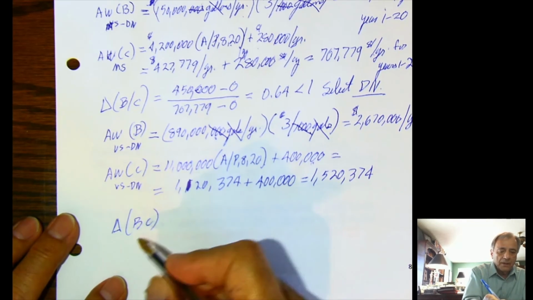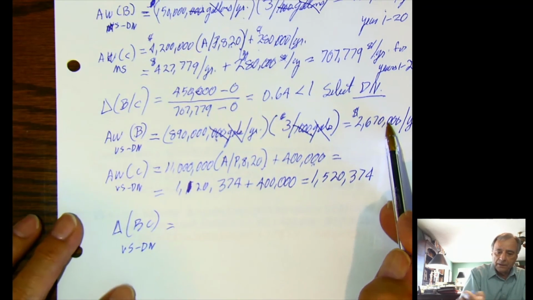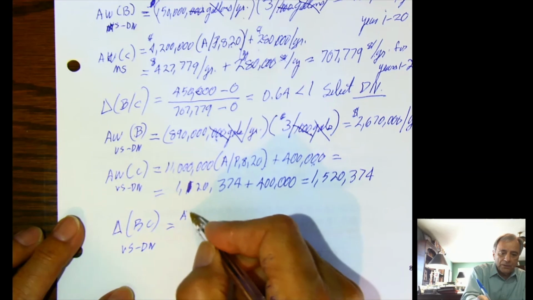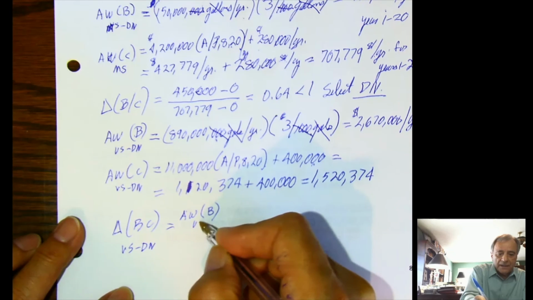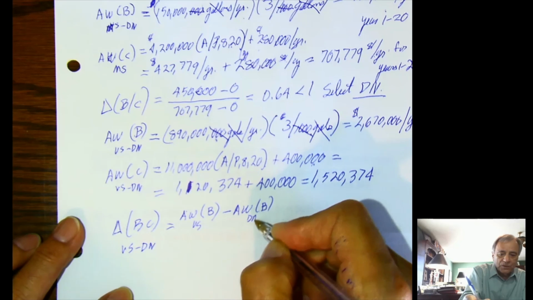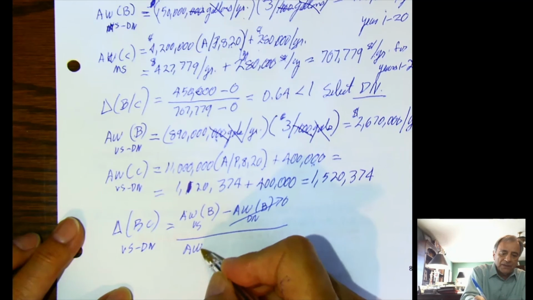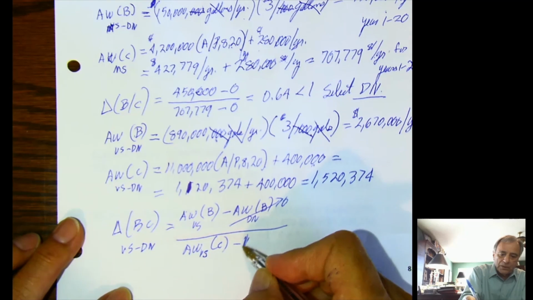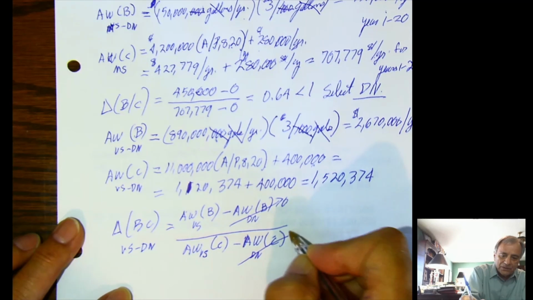So now to get my delta BC of the valley site minus do nothing, I'll get the benefits of basically the annual worth of the benefits of the valley site minus the annual worth of the benefits of do nothing, which is 0, divided by the annual worth of the valley site's cost minus the annual worth of the do nothing cost, which is also 0.